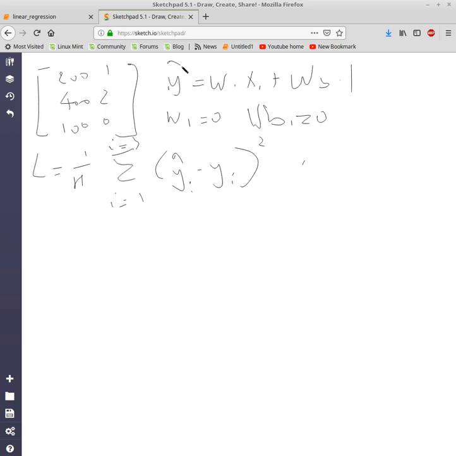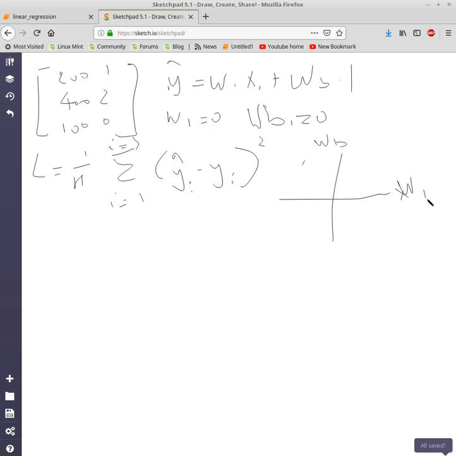So here's a graph that we're going to try to see what this does. In this graph, we have a WB and W1.